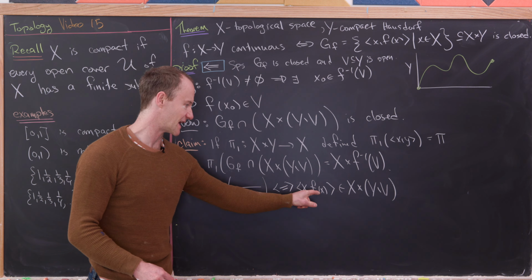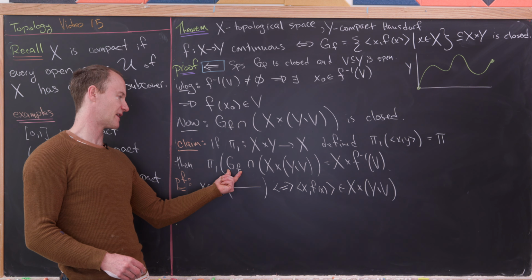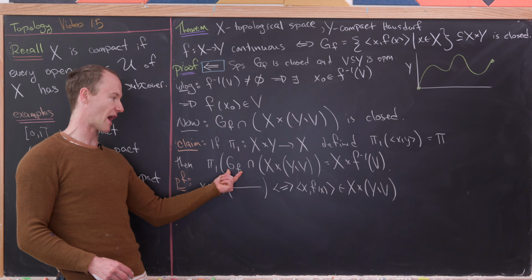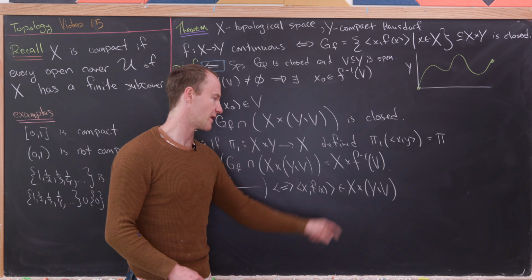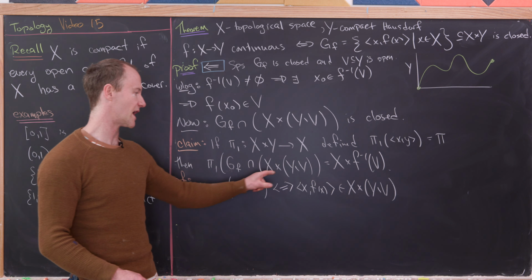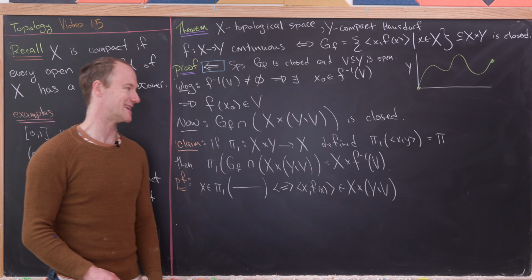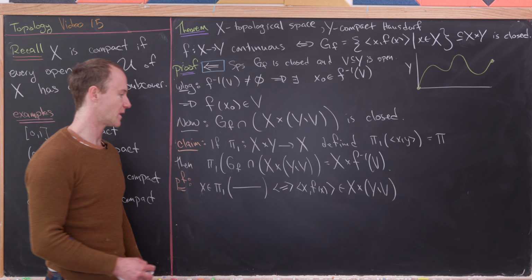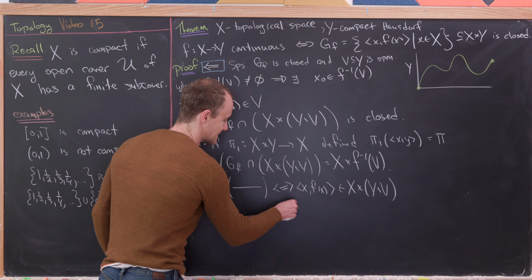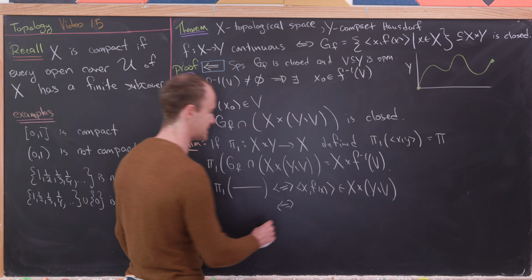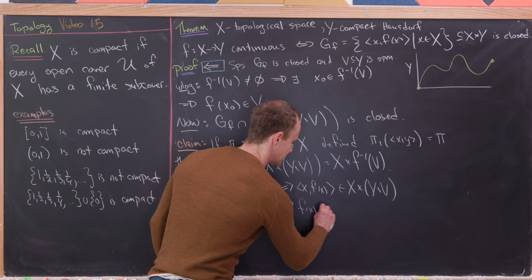So the fact that we've got an f of x over here comes from the fact that we started at the graph. Then the fact that we're in X cross Y minus V comes from the fact that we started inside of this intersection.